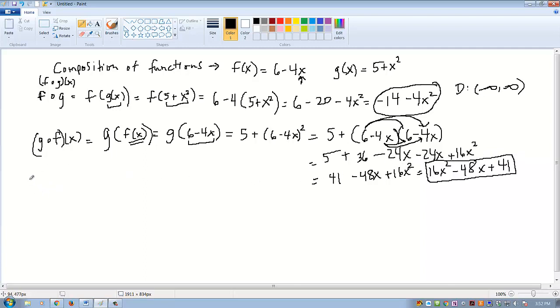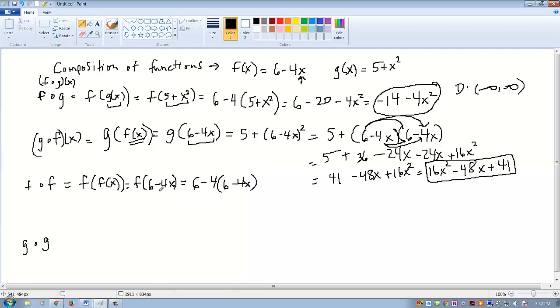Now, the last two on the homework are doing f of f, and then g of g. So f of f is the same as f with f of x inside of it. So we're going to get f of 6 minus 4x. So that's 6 minus 4 times 6 minus 4x.